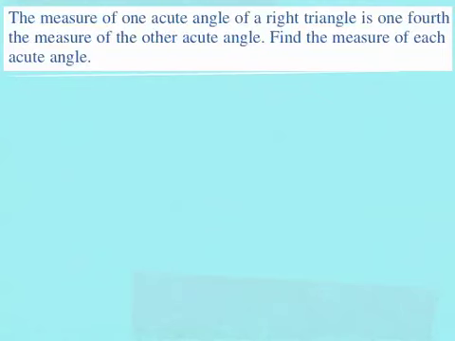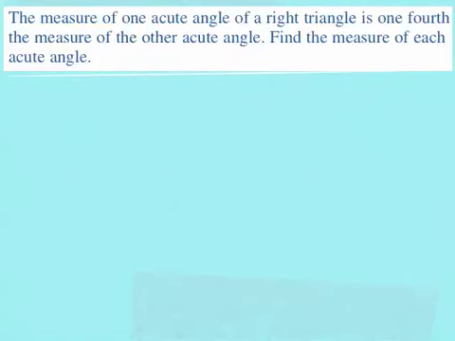The last example says the measure of one acute angle of a right triangle is 1/4 the measure of the other acute angle. Find the measure of each acute angle. Well, using the corollary to the triangle sum theorem, we know that we have a right angle, so we know that the two acute angles are going to be complementary, or add up to 90.